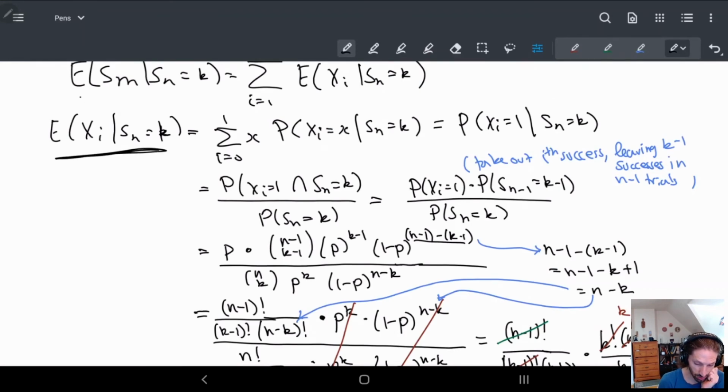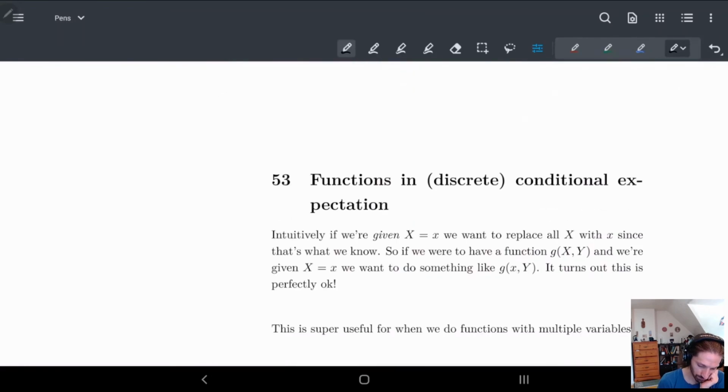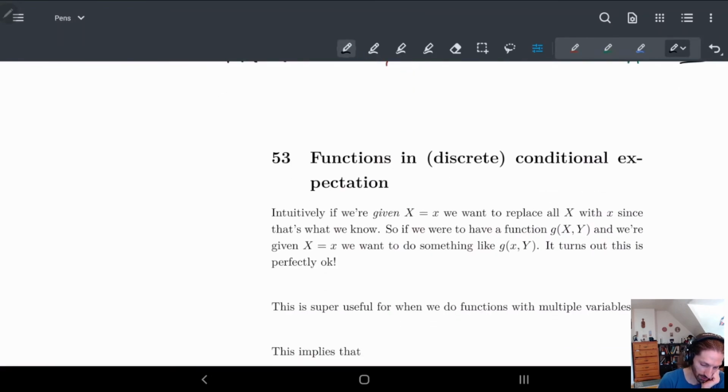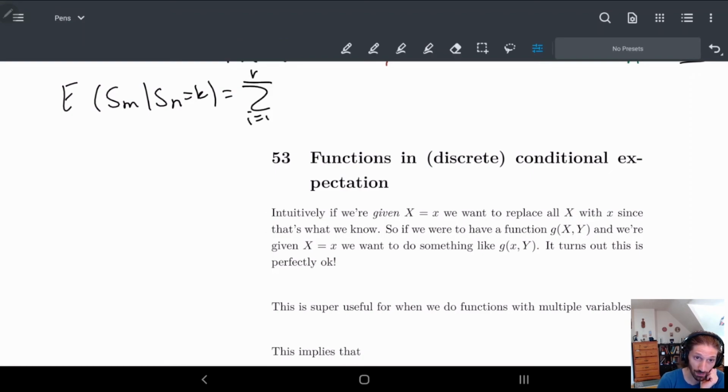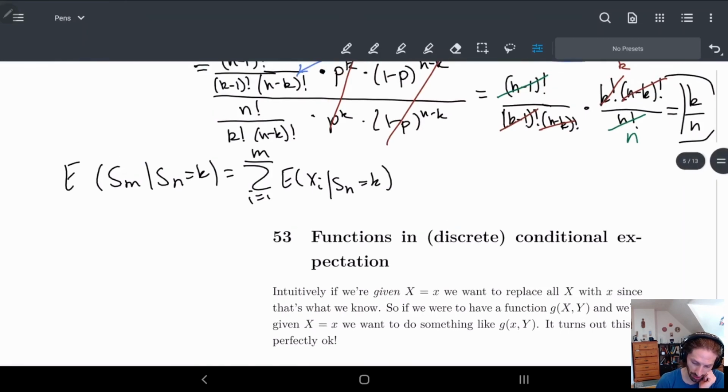So let's finish our solution. We have E of Sm given Sn equals k. This from above, remember, we rewrite as the sum from i equals 1 to m of E of xi given Sn equals k. And this we just solved. This is just k over n.